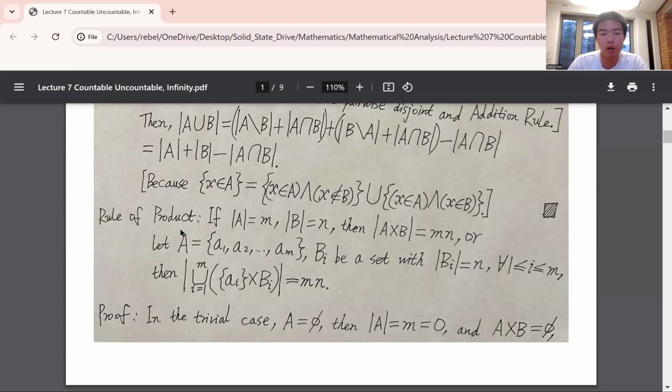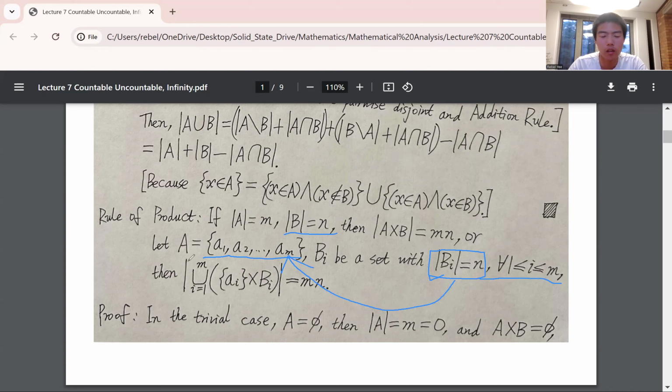Or we can say for A, because it's finite and its cardinality is m, it has m elements inside, from A1, A2 to Am. And then Bi is a set with each |Bi| equal to n. So for each i, B has a certain cardinality as supposed to be here, and this is for all of the corresponding values here.